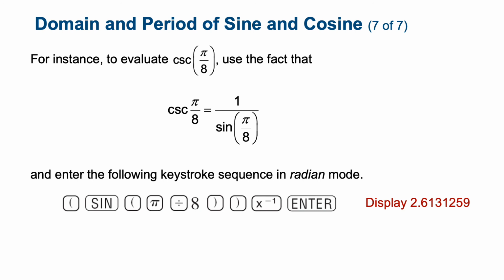You can enter it as open parenthesis, sine of, and within this parenthesis pi divided by 8, then close it with another parenthesis, and then hit x to the negative 1. That means find the inverse of this, and then hit enter, and it'll give you the solution in radians. But you have to make sure that your calculator is in radians mode.